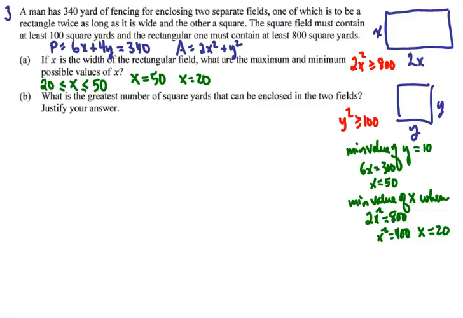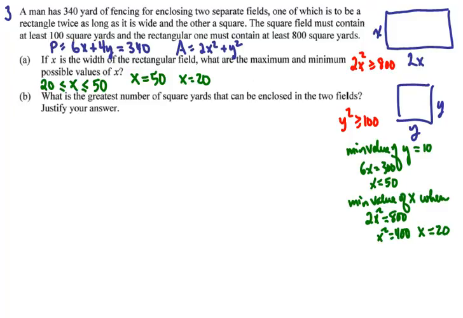And the fact that we have a closed interval here is very significant because we're going to have to test the endpoints when we get into finding the maximum value for the total area of the two fields.